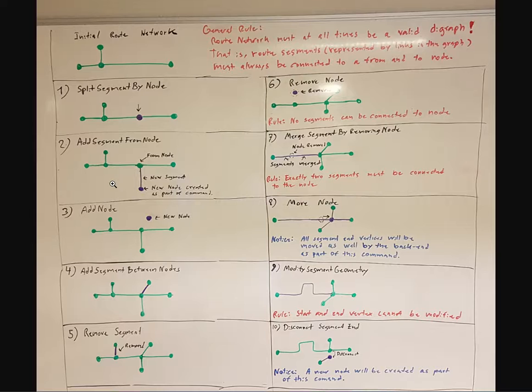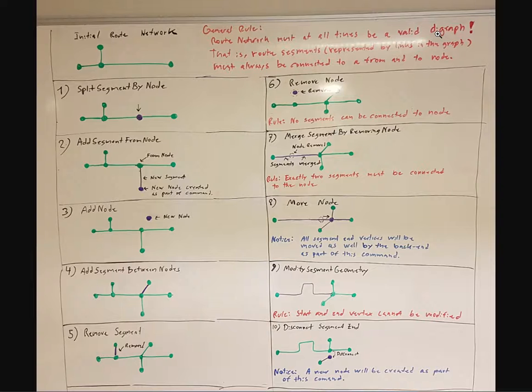So overall, the whole idea with this root network, the way that it's implemented underneath, is that it's implemented as a digraph or directed graph, which means we have nodes and we have links, and a link is always a connection between two nodes.